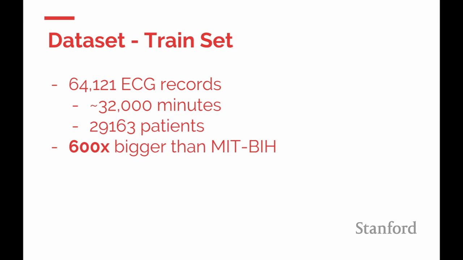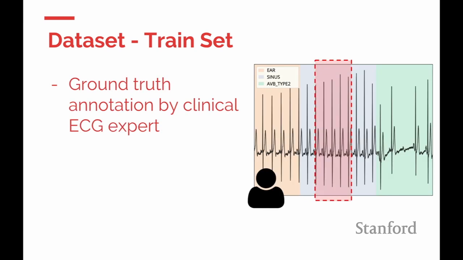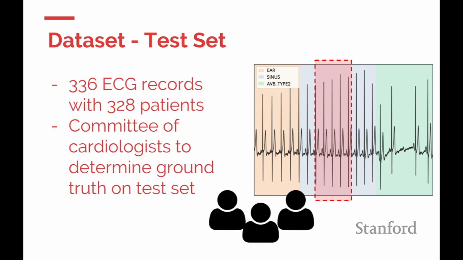And this is 600 times bigger than the largest data set that was out there before. And for each of these ECG signals, what happens is that each of them is annotated by a clinical ECG expert who says, here's where rhythm A starts and here's where it ends. So let's mark the whole ECG that way. Obviously very time intensive, but a good data source.